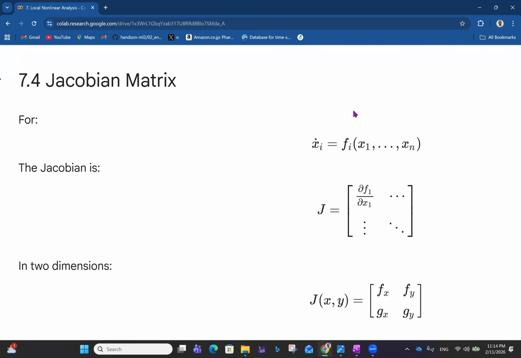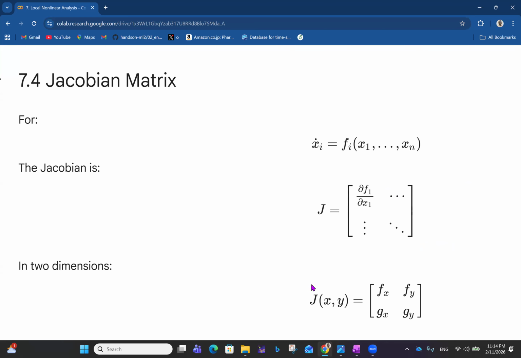So this is like a generalization of that kind of idea with as many variables as possible and with as many equations as possible. So the Jacobian is basically this. You have the f1 with respect to x1, then f2 with respect to x2, f3 with respect to x3, all the way to fn with respect to xn, like that. Okay, so you have all of that going like that.